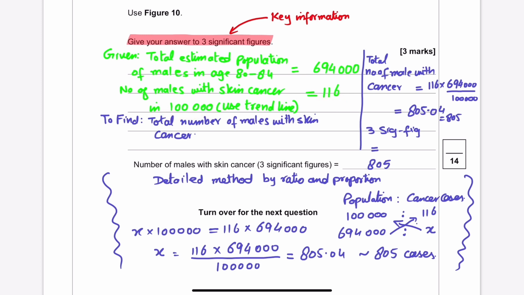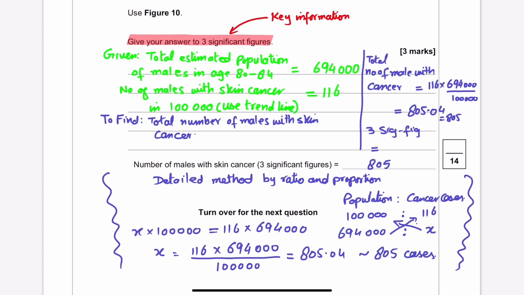We want to find the total number of male cases with skin cancer in 694,000. We are going to use the ratio and proportion method. When the population is 100,000, from the graph we found the number of cases is 116. For the population of 694,000, we want to find the number of cases. We take it as x, which is unknown.